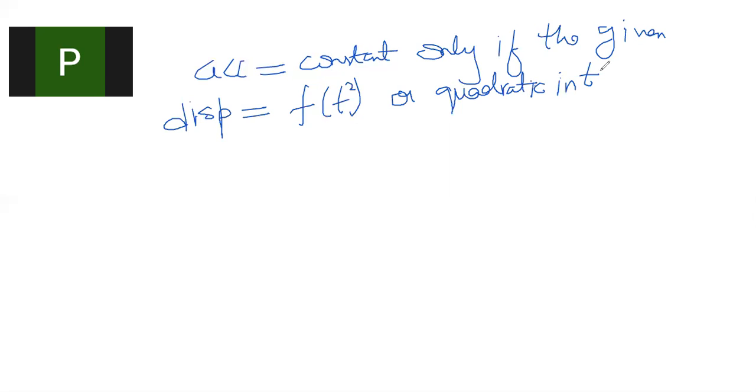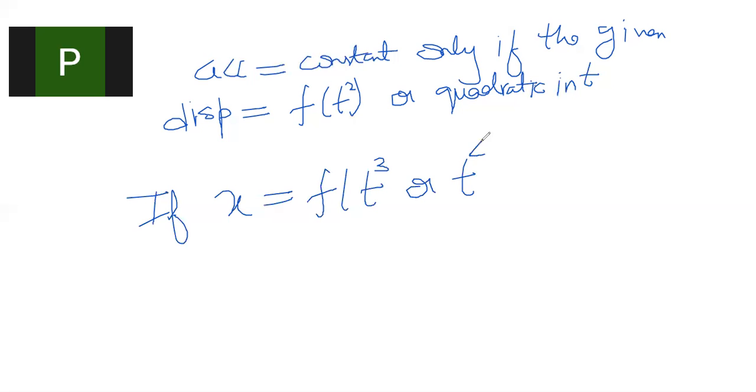If x is a function of t cube or any higher power of t, t power 4, t power 5, anything like this in the function of displacement, then what happens to the acceleration?